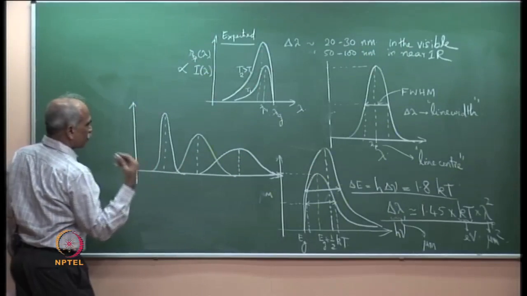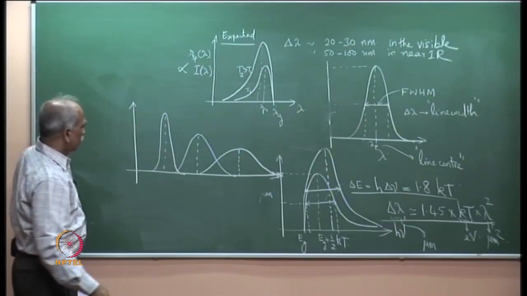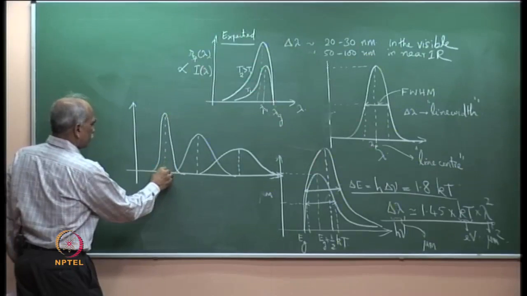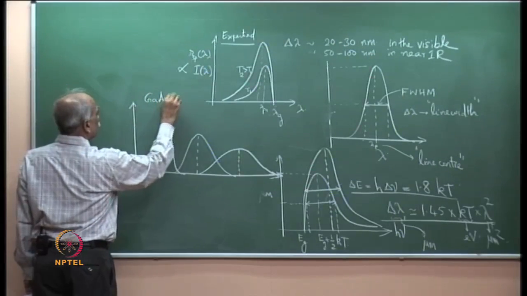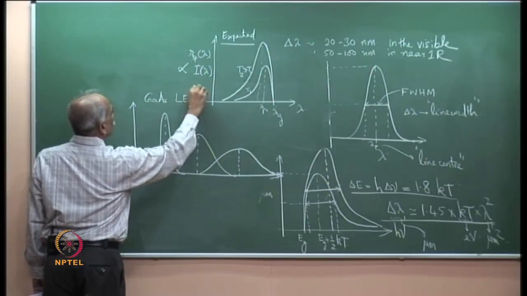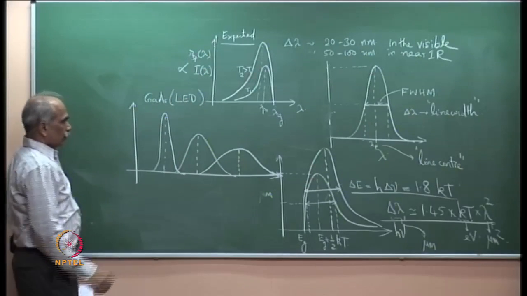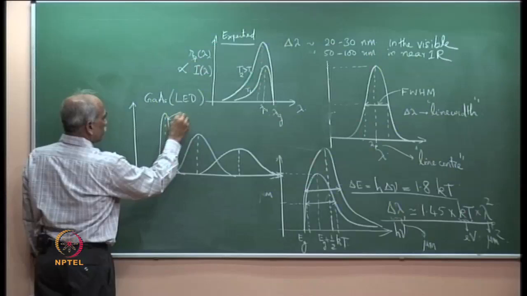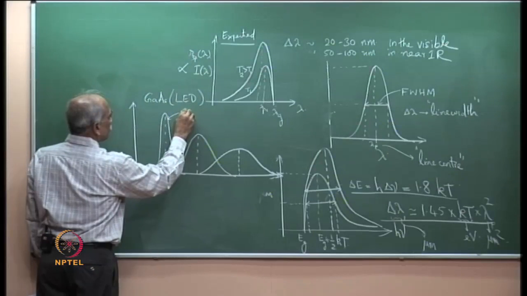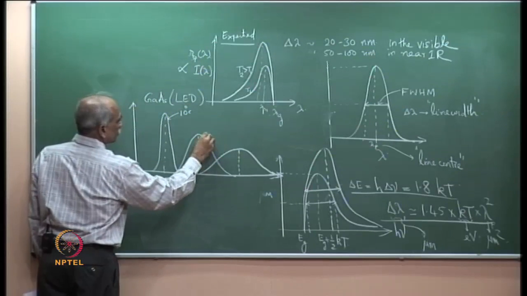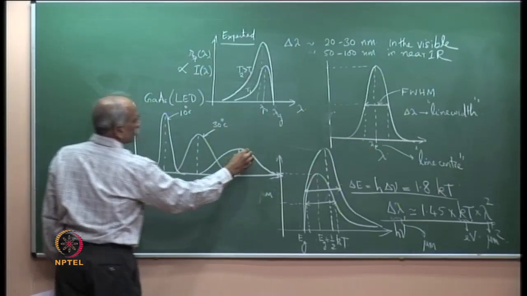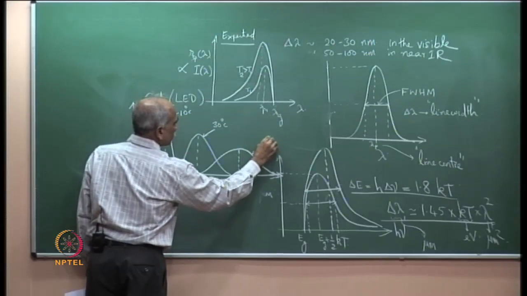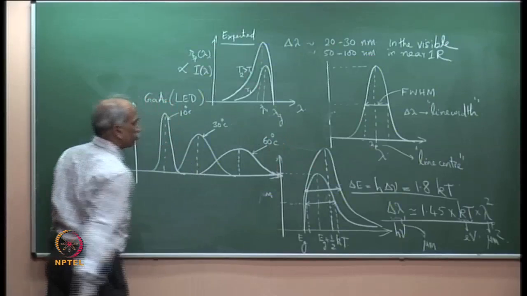This is one of the experiments reported in the literature. I do not remember the reference. This is for a gallium arsenide LED. So this is at 10 degrees centigrade, this is at 30 degrees centigrade, and this is at 60 degrees centigrade.